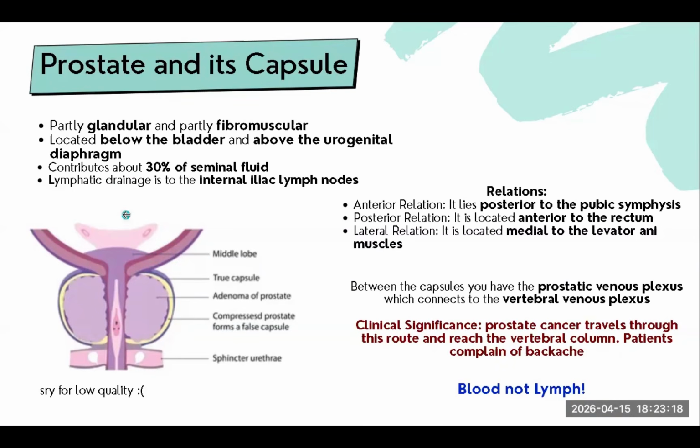Backache because of the vertebra. And something which is not very relevant is that this cancer spreads through the blood and not lymph. Most of the cancers we're going to talk about in your med school journey, they're going to spread through lymphatics. However, this spreads through the blood route, okay?